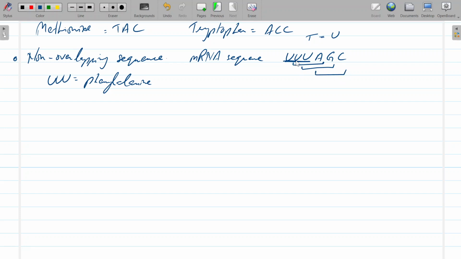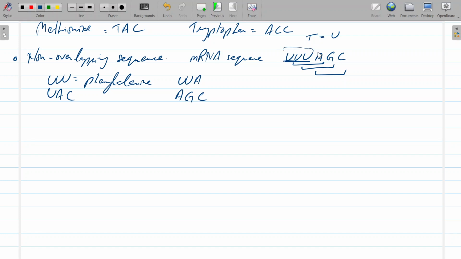You have the same two U's that were in the code for phenylalanine, but now you're looking at UUA, and then you take the last U and you have UAG, and then finally you've got AGC. So that is the overlap they're talking about, right? The nucleotide bases are forming triplet codes, but they're not individual segments.